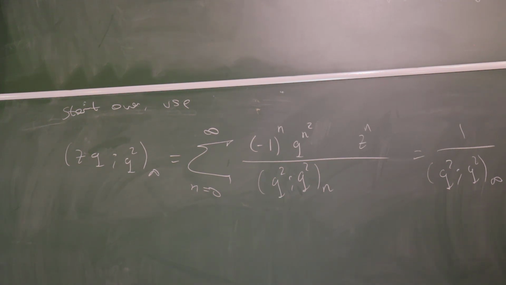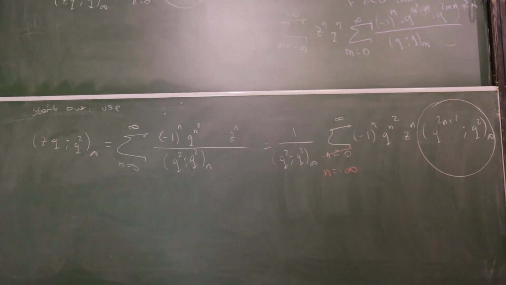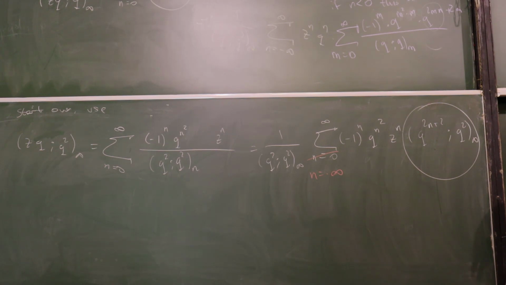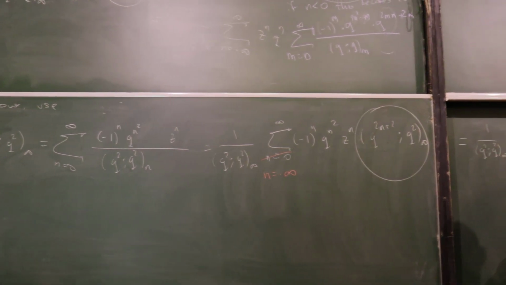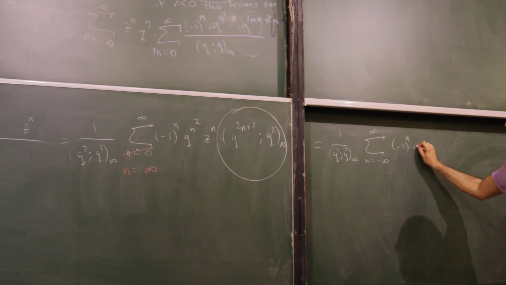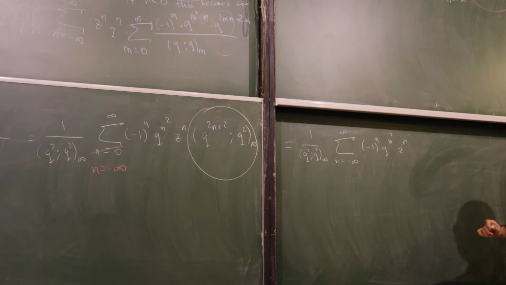Because this is going to be 0 for negative n's, replace this by, and from minus infinity to plus infinity, replace this by a similar sum using a second index. Now we are good.